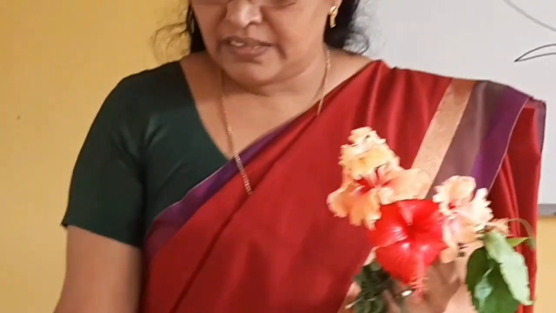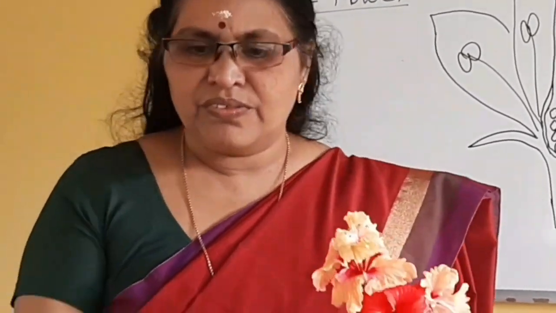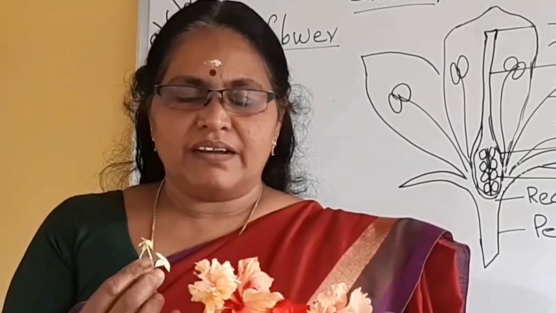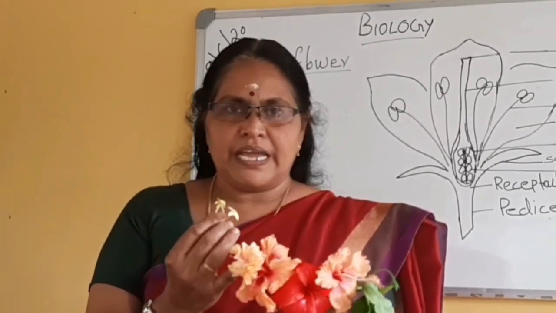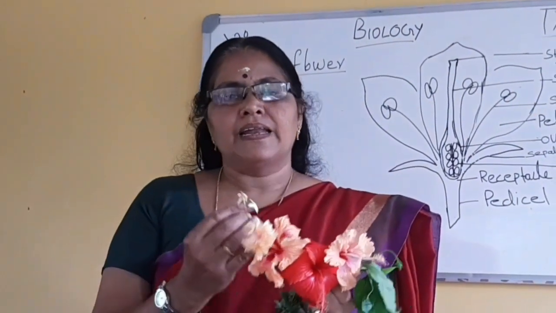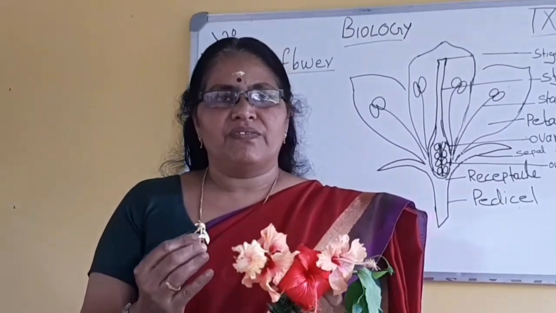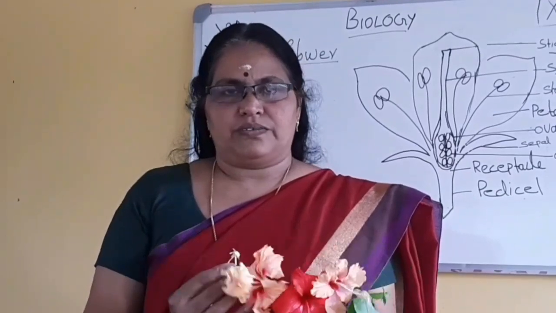And here is another flower. So there are different varieties of flowers. They vary in their size, shape, color and the smell. But basically all flowers have a common structure.